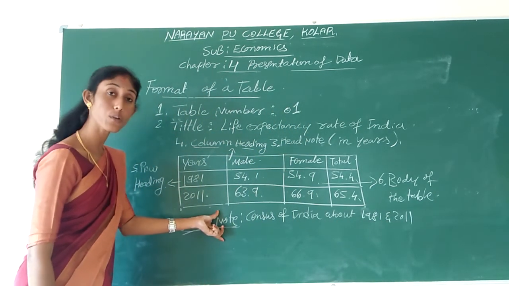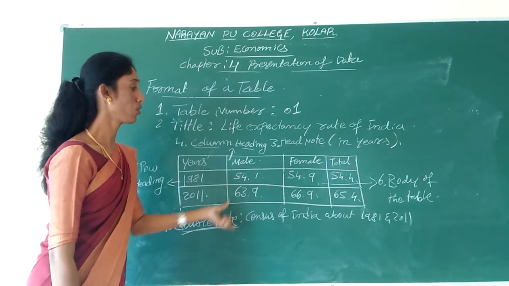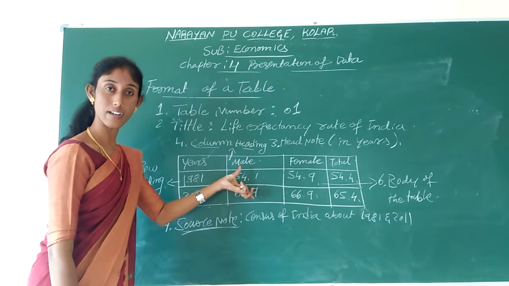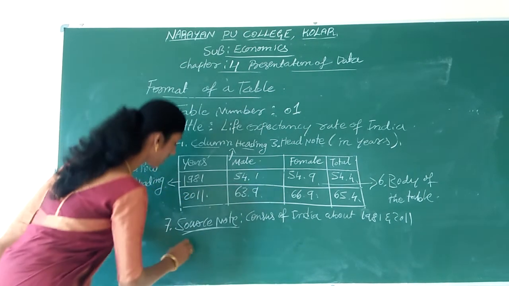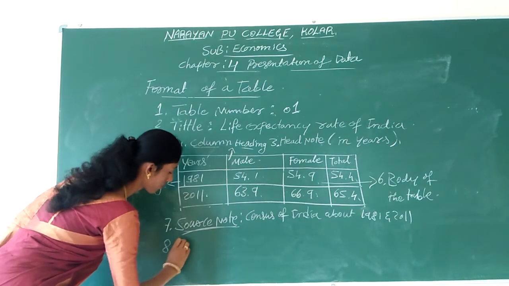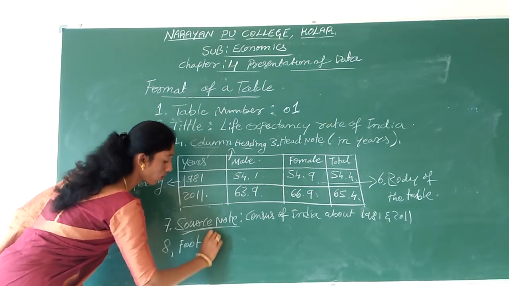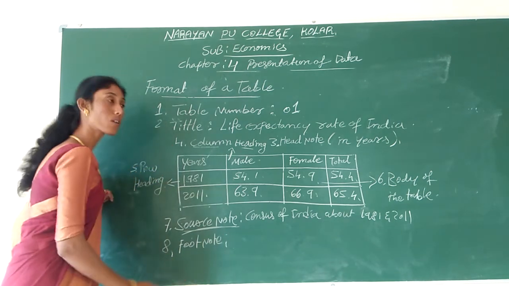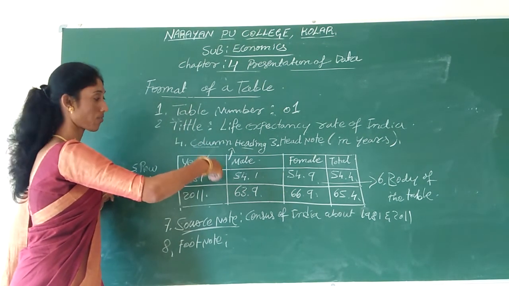The source note represents from where we have collected the numerical values or data which we have presented in the table. And next, at last, the footnote or conclusion. We will also call it a conclusion. Conclusion means about the presentation of the table.